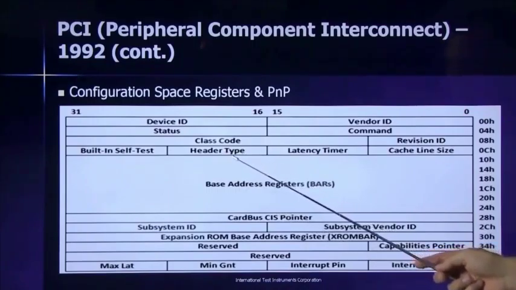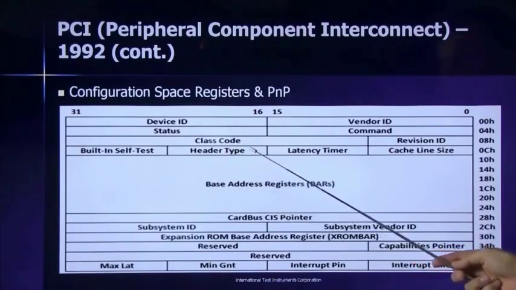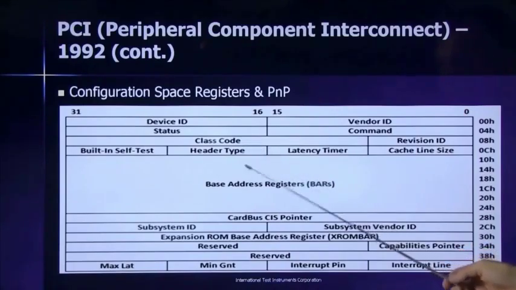Normally that would be header type 0, which is just a regular endpoint device, but type 1 is for bridges and so on. Type 2 is actually for CardBus devices.